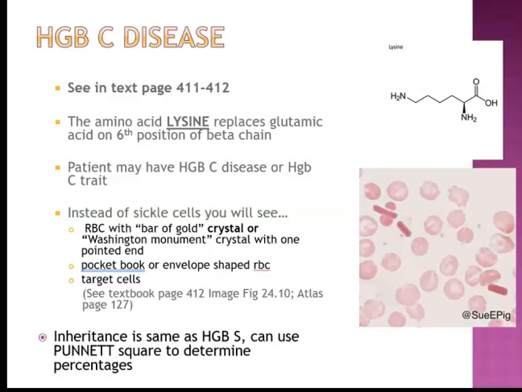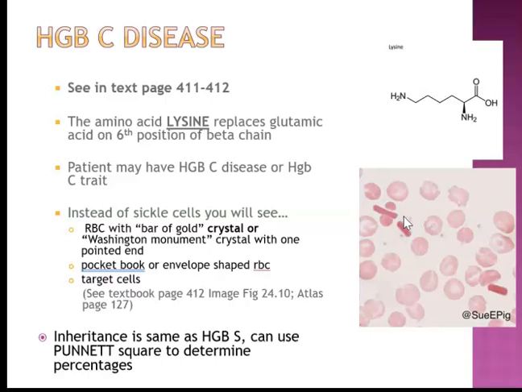In hemoglobin C, you will see what's referred to as bars of gold, and these are crystals, or what's referred to as Washington monuments. And again, these are crystals that you will see in your red blood cells, and that's what you're seeing over here in the image on the right hand side. These are what's referred to as your bars of gold or your Washington monuments, and those are crystals.